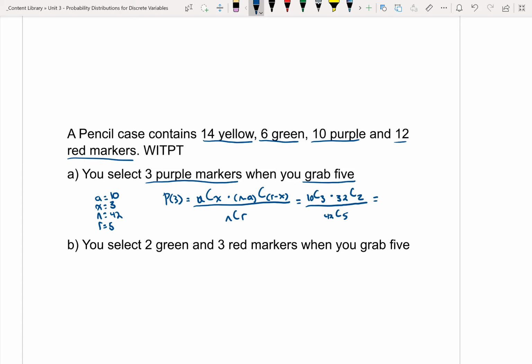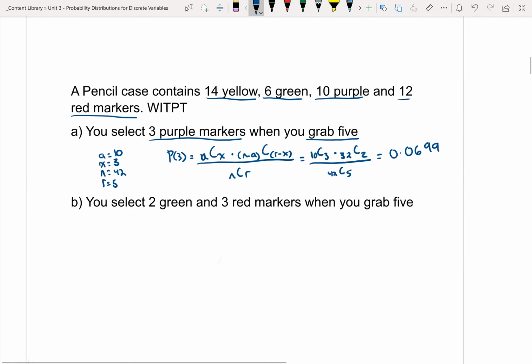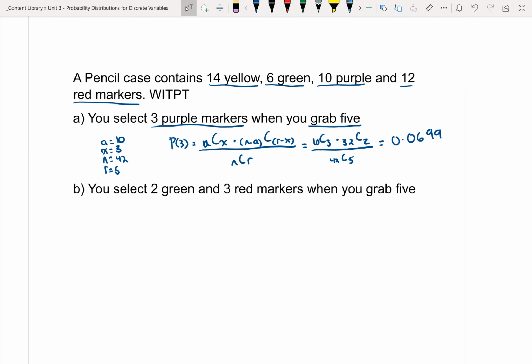So if we go through and calculate this, we get 0.0699, or 6.9% or 7%.